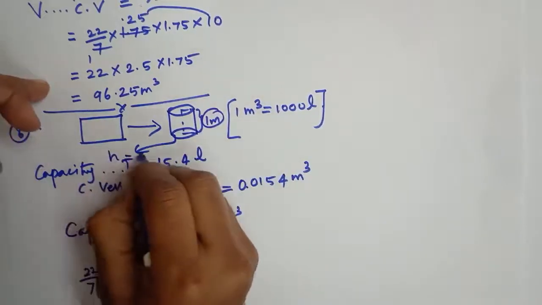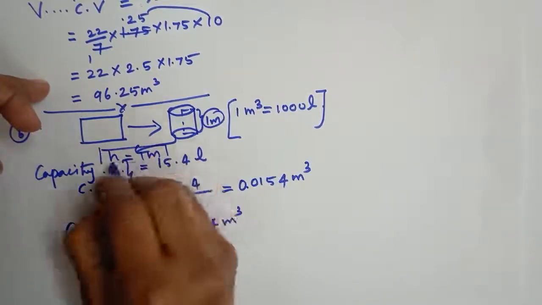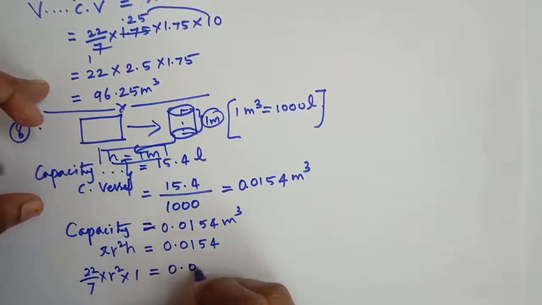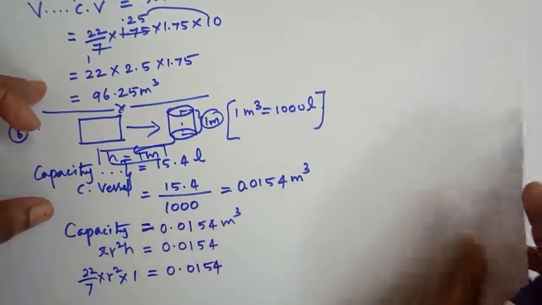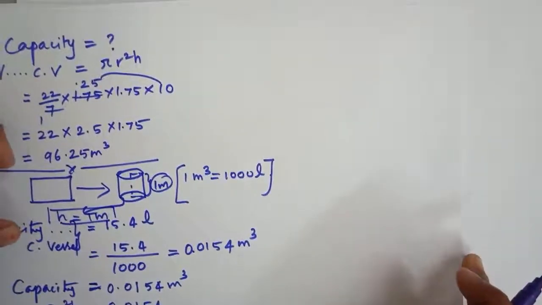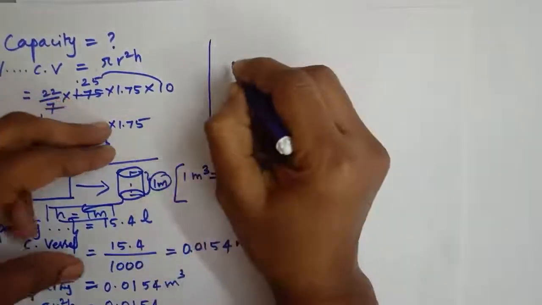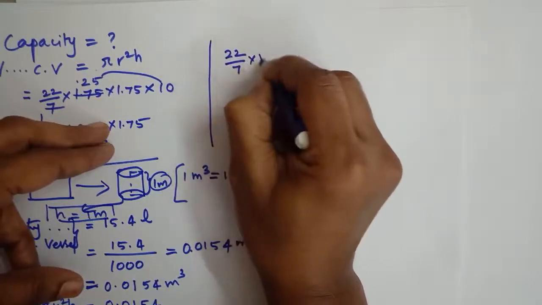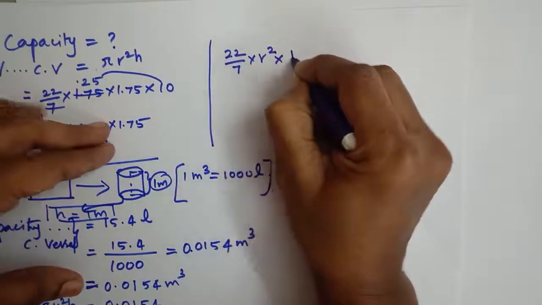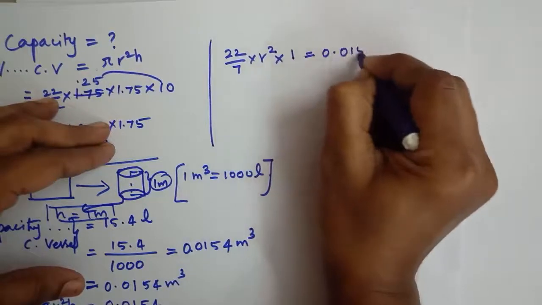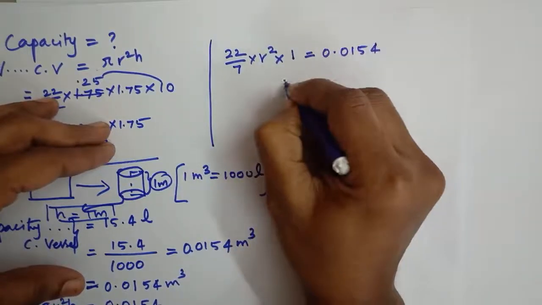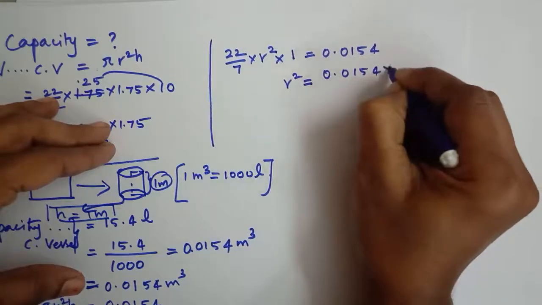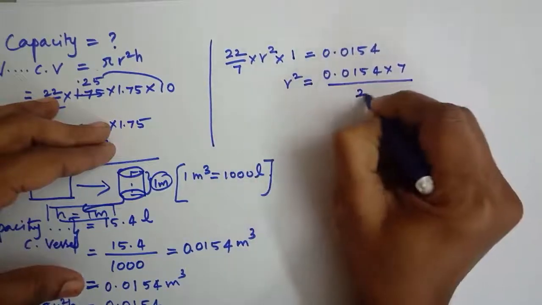So 22 by 7 into r squared into 1 is equal to 0.0154. Then r squared is equal to 0.0154 into 7 divided by 22.